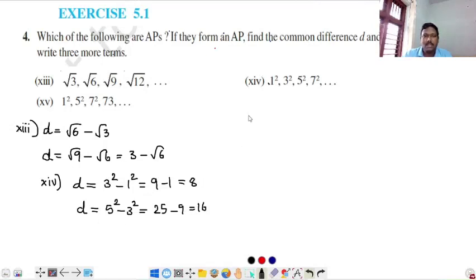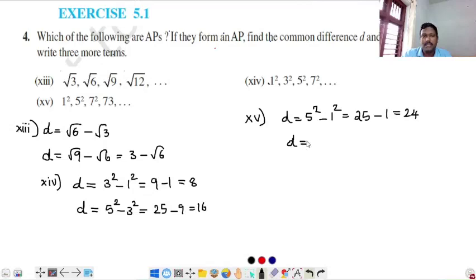Now let us check question number 15. In 15, we can check the common difference. D is equal to second term minus first term, that is 5 square minus 1 square. 5 square is 25 minus 1 square, 1, is equal to 24.